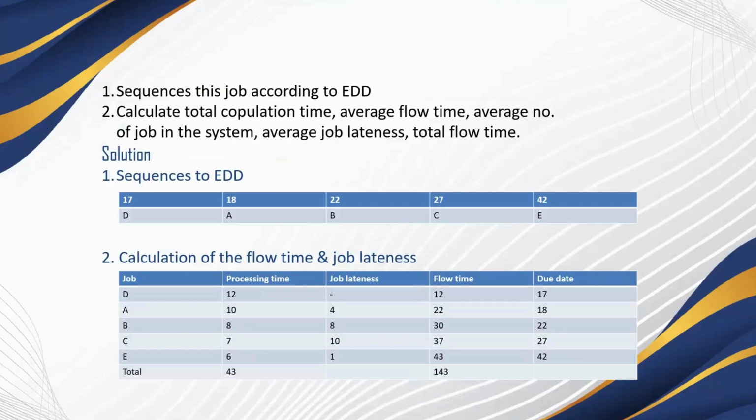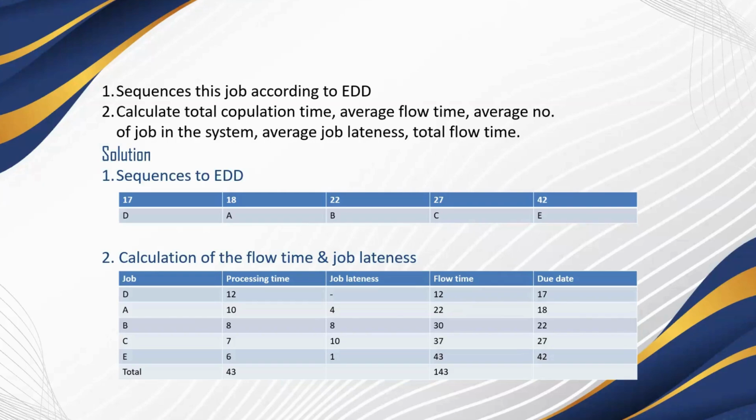For the next, we will do F minus D, where F is the flow time and D is the due date. Before that, we have to calculate the flow time.